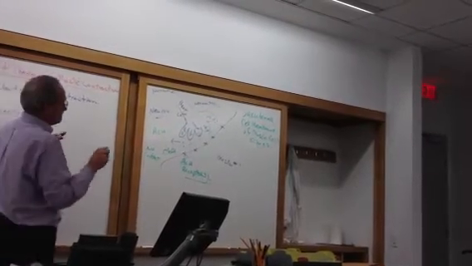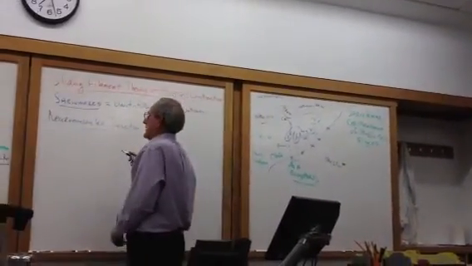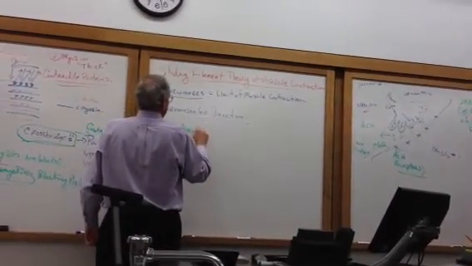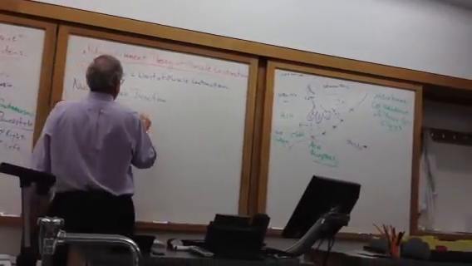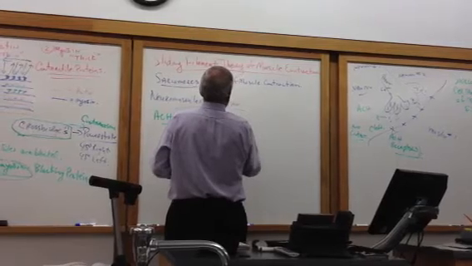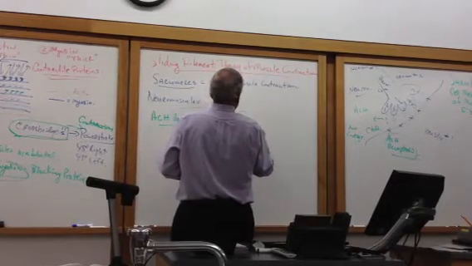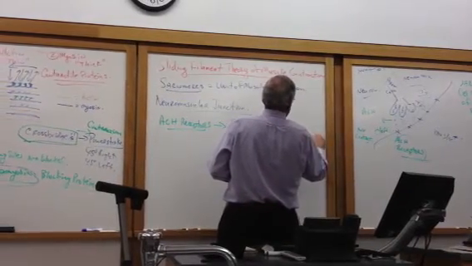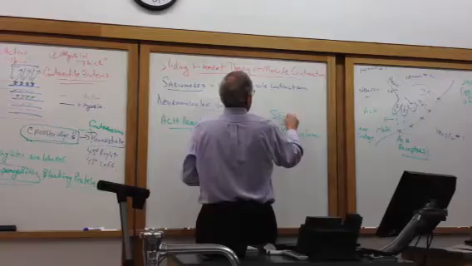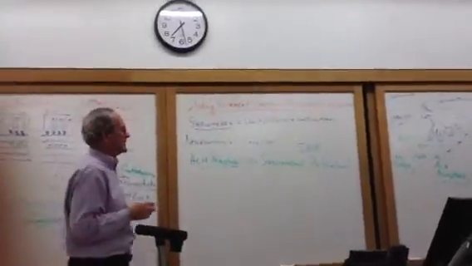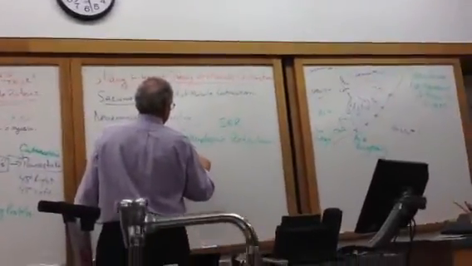So now, what happens is this: the acetylcholine receptors cause a series of biochemical reactions so that the sarcoplasmic reticulum, also referred to sometimes as the SER, which is the endoplasmic reticulum in the muscle cell, releases calcium.